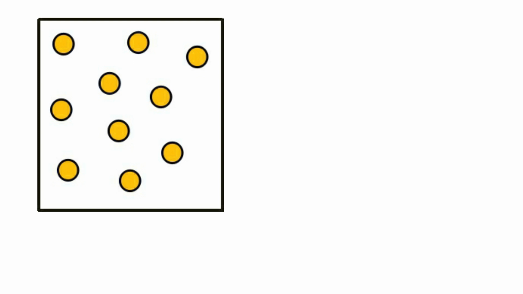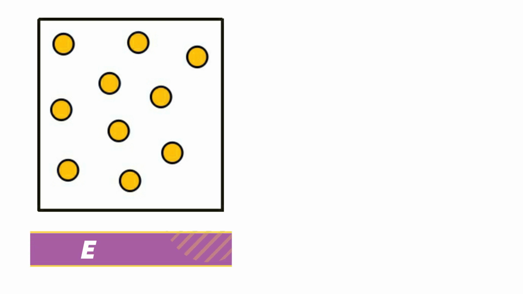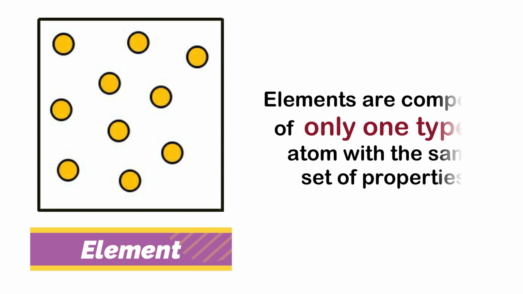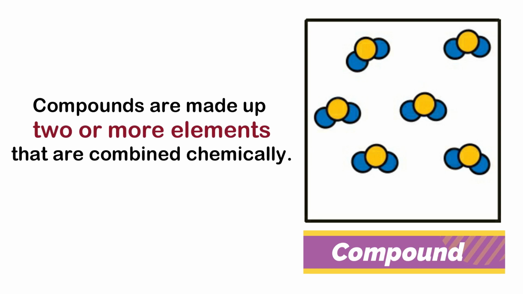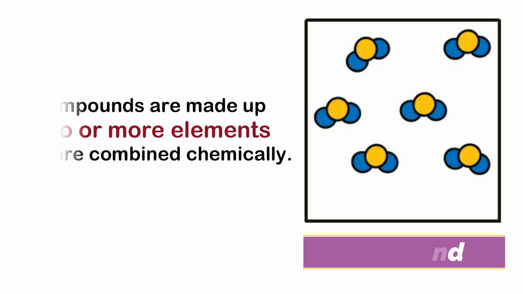Right. The first picture is an element. Elements are composed of only one type of atom with the same set of properties. The second picture is a compound. Compounds are made up of elements that are combined chemically and composed of two or more elements.